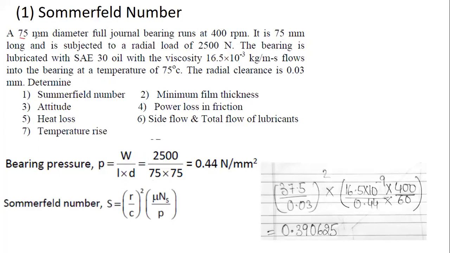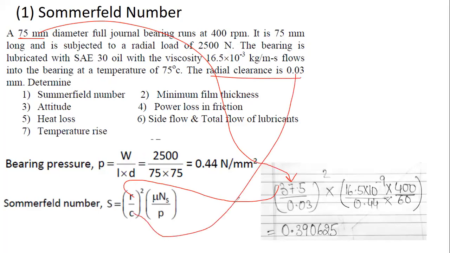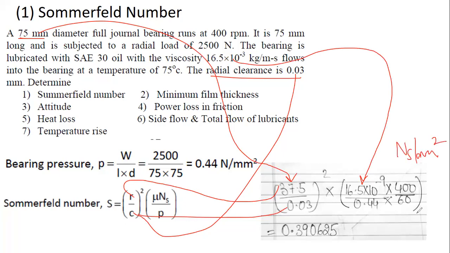If diameter is 75, radius will be 37.5. Clearance is given. Conversion of absolute viscosity in Newton second per mm square, we have already done before, 16.5 into 10 raised to minus 9. Ns is nothing but N by 60.